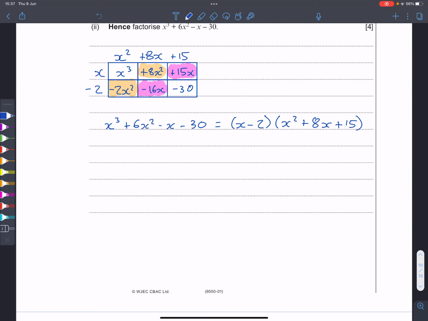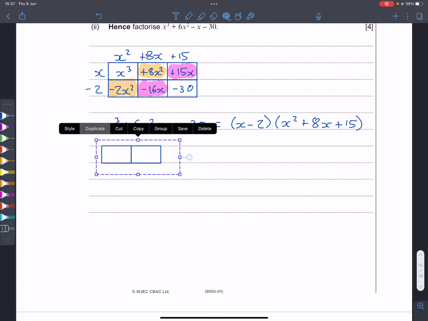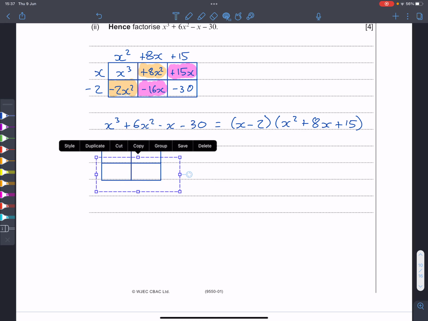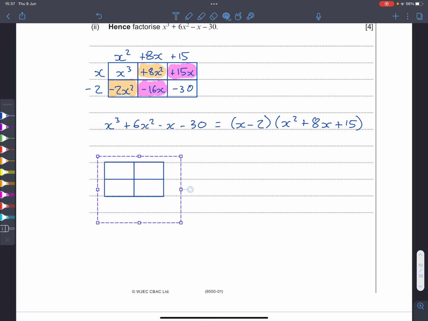Okay, so if I want to see if that one's going to factorize, I'm going to set up another box. This time, because it's a quadratic, it's only going to be a 2 by 2 box. And I know I'm going to have x squared by there and my plus 15 by here. And these two values are going to make up my 8x.